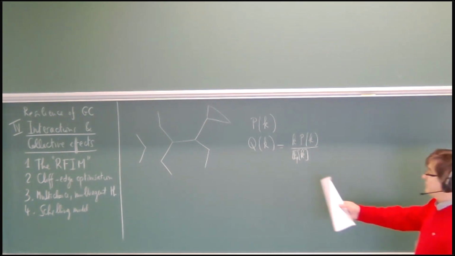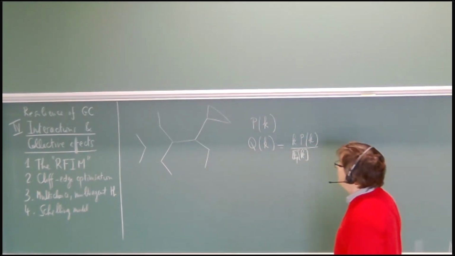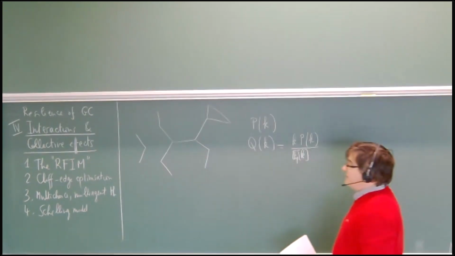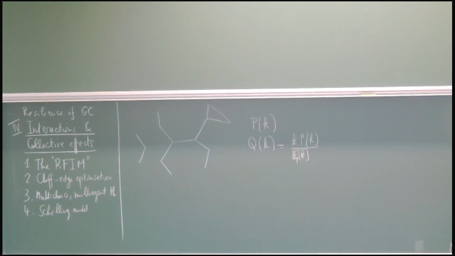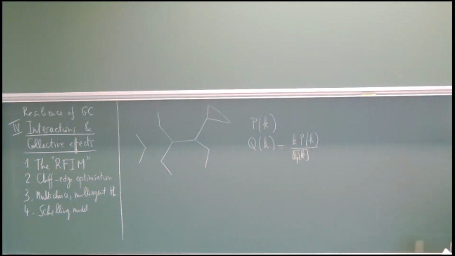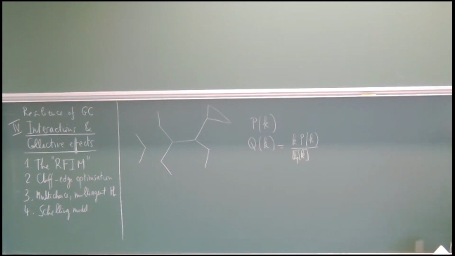The idea of Q of k was not what is the probability that a randomly chosen node has k neighbors, but what is the probability that, following a link from another node, that chosen node has k neighbors? And of course this can be made rigorous through Bayes' argument: you increase the probability for nodes with a large degree simply because these nodes have a large number of friends, so you're more likely to choose them.